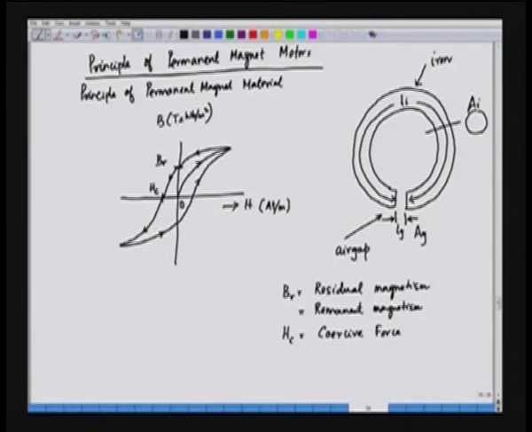In this particular loop structure, a circular permanent magnet, we have cut an air gap of length Lg. In this case, you know that we do not have any current.